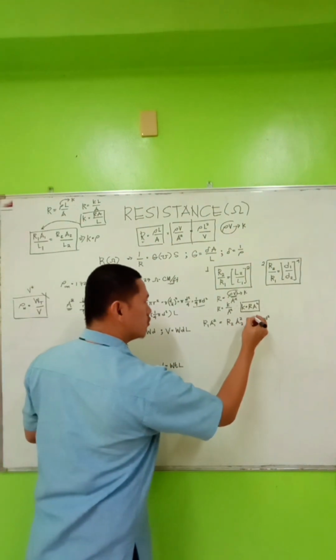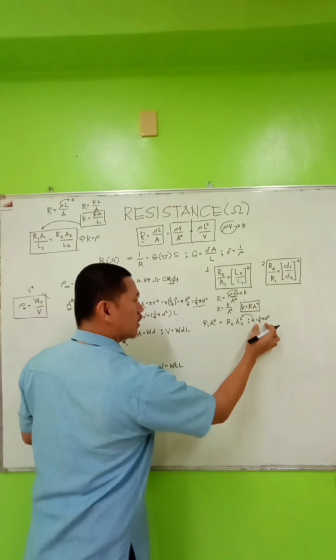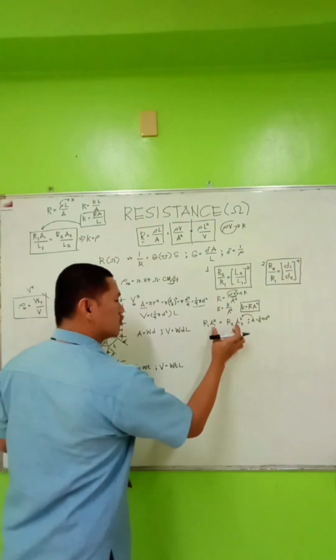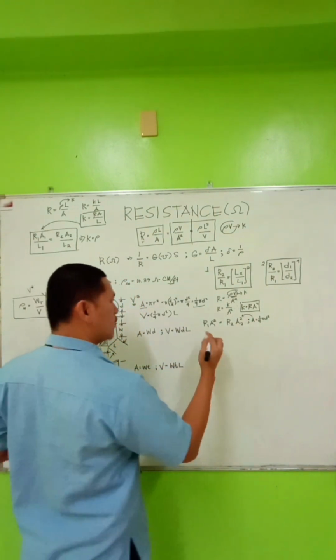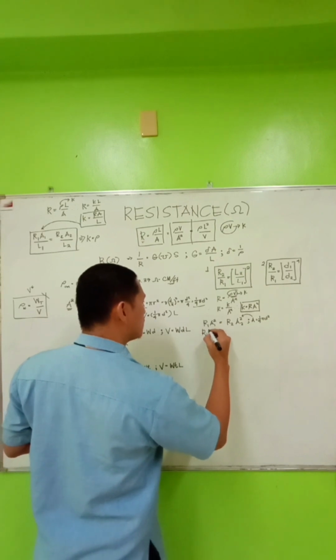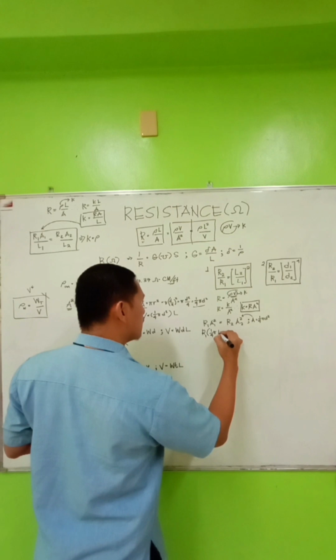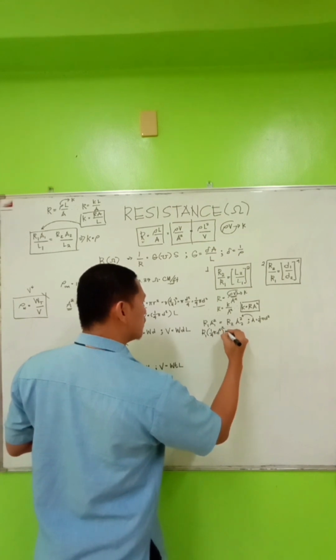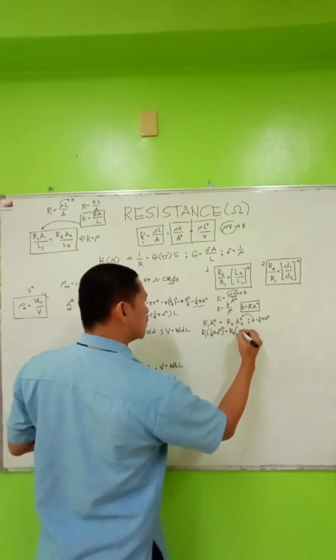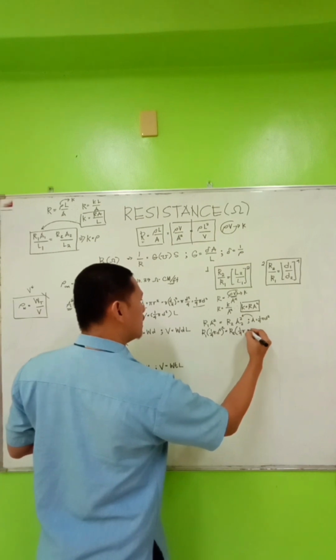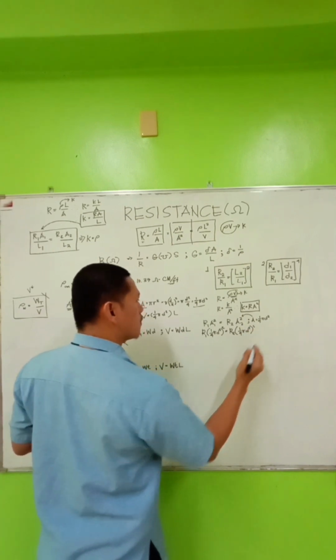So you are going to substitute this value of the cross-sectional area into your condition. What will happen? Your R1 will become 1/4 pi d squared, and R2 1/4 pi d squared.